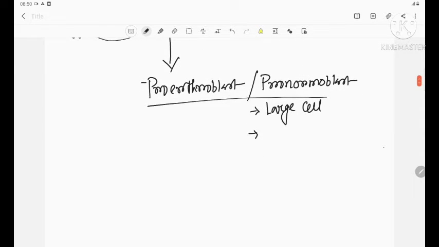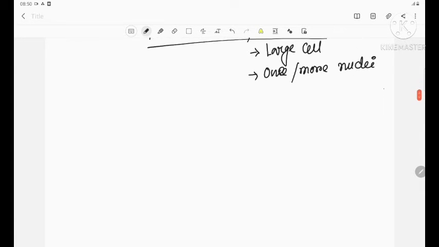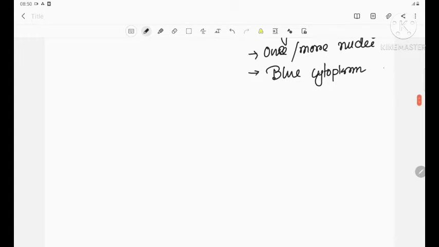In the nucleus, they have one or more nucleoli. And the cytoplasm is stained blue. Why blue? Because of ribosomal RNA, and there is a uniform fine chromatin pattern.